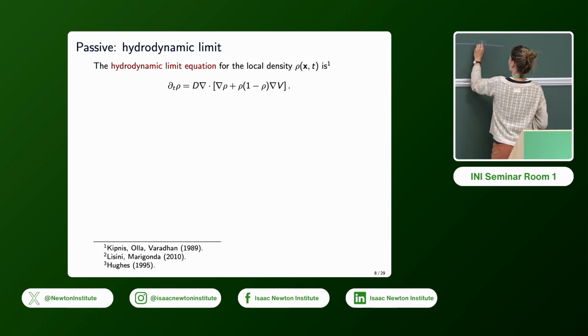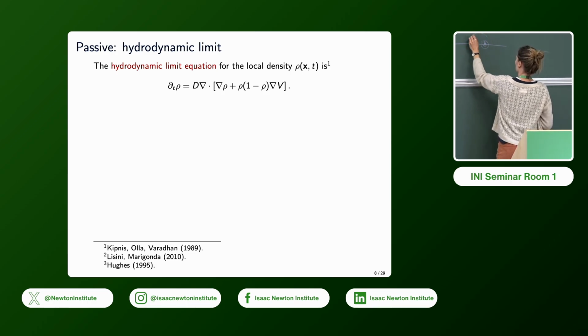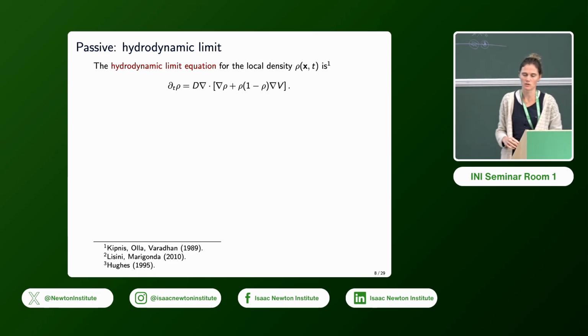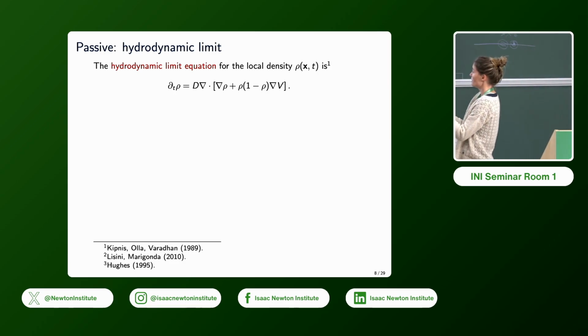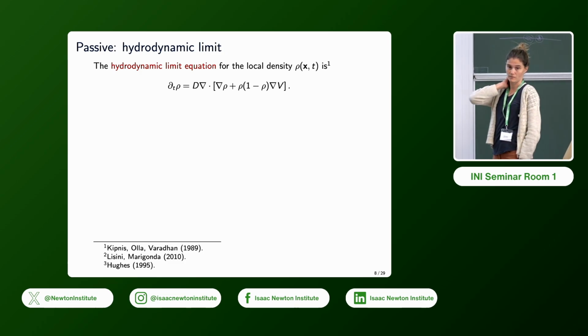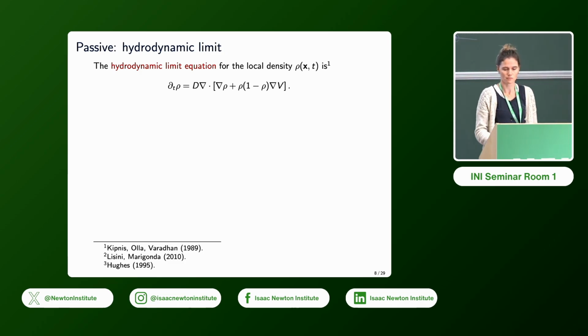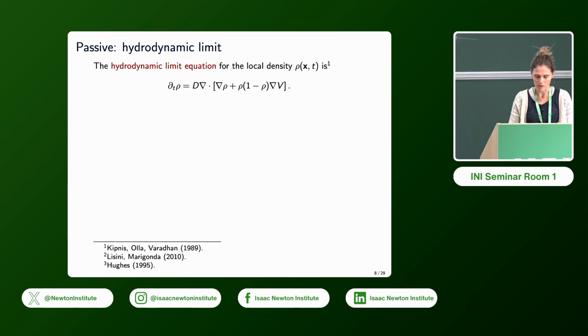If you have a particle here and a particle here, we don't allow these jumps, as before, like the swapping between two particles. But even with the exclusion in the symmetric part, you get a linear diffusion.